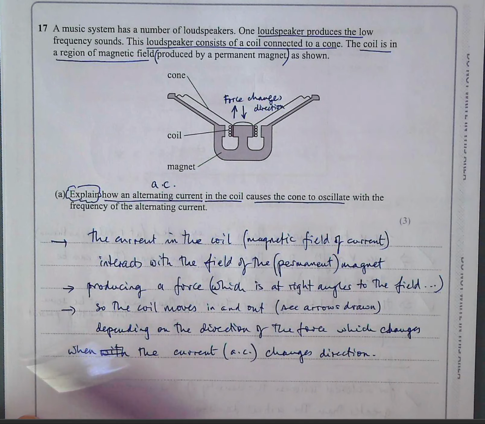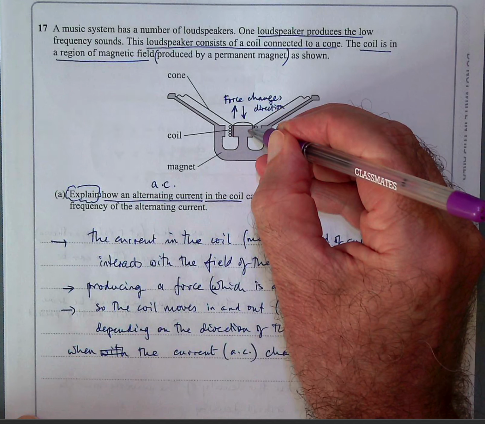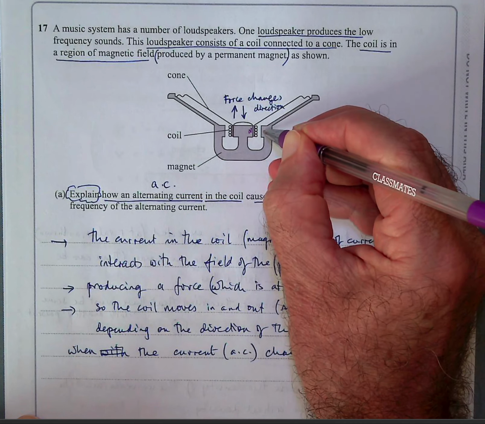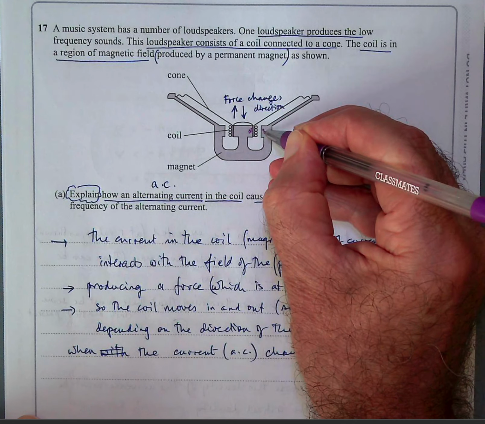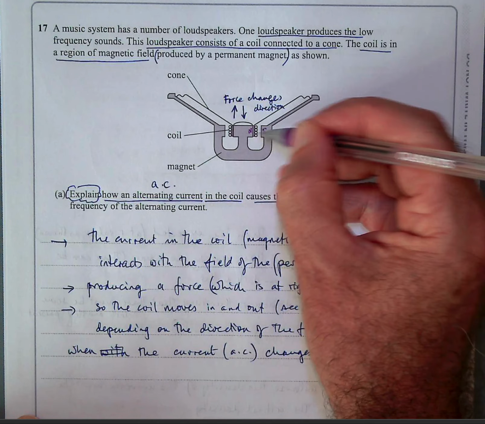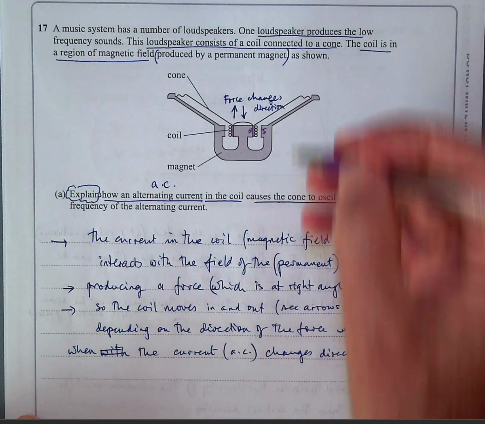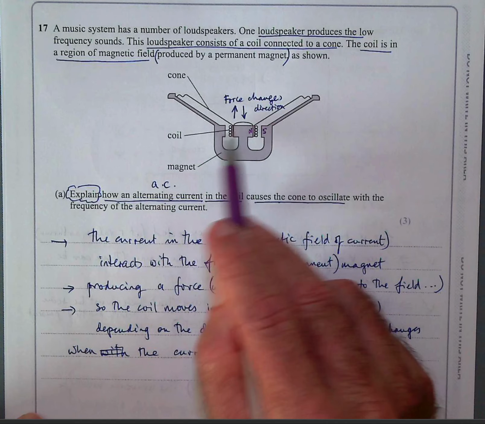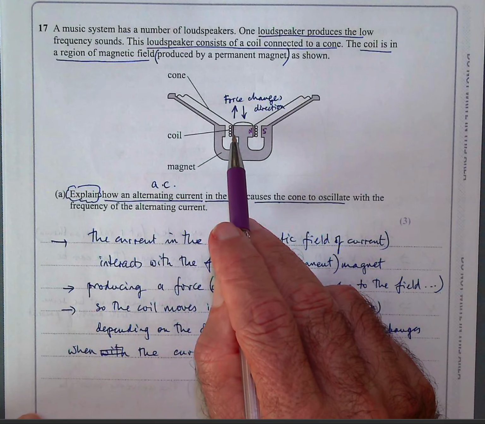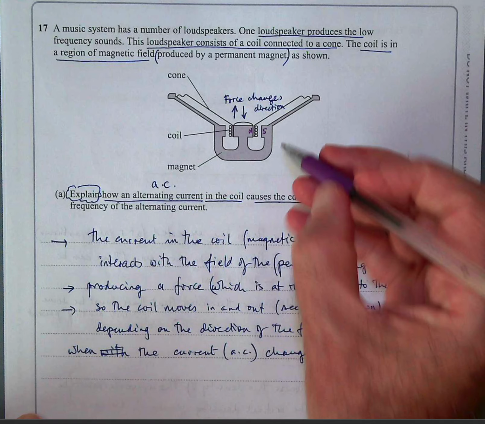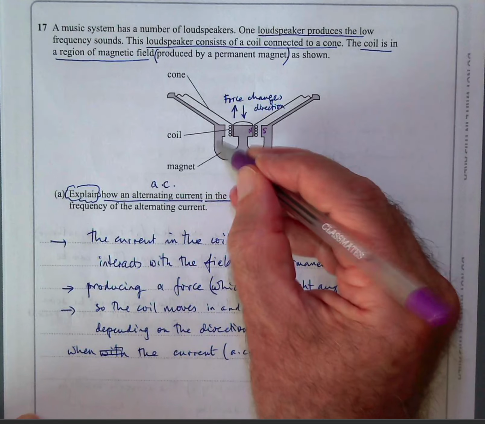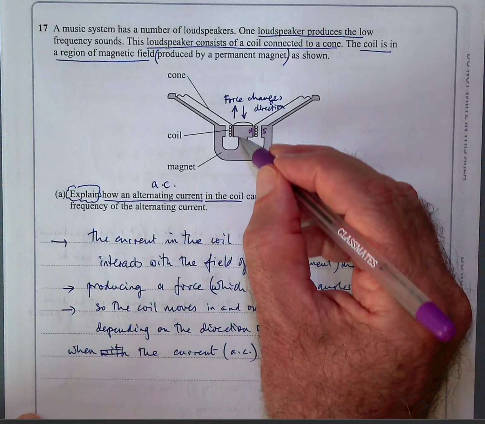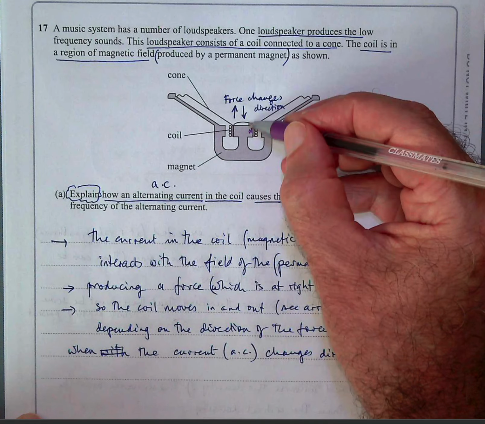So you might have, for example, this side could be a north, this could be a south, and vice versa, whatever. As long as you've got a magnetic field and the coil is in it, you've got both sides. So I'm not exactly sure of the mechanism by which they do the magnetic field, but there is a magnetic field, permanent magnet. Okay, so the magnet's on the outside, the coil is inside, and the oscillations are going in and out.